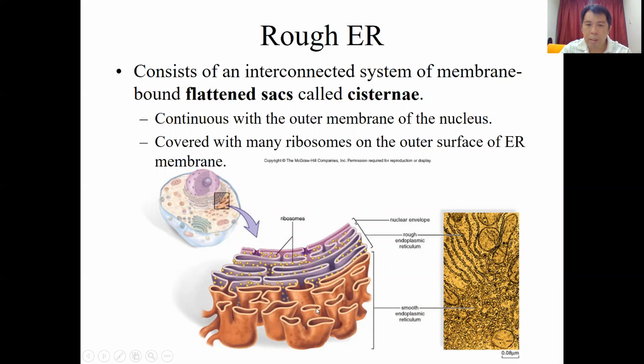Look at the RER here. This is known as the cisternae, and the cisternae is a flattened sac. It is continuous with the outer membrane of the nucleus, covered with many ribosomes on the outer surface of the ER membrane. That's why we call it the rough endoplasmic reticulum.